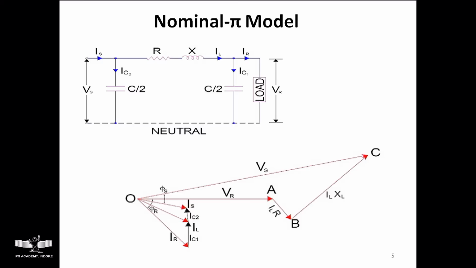We draw VR, and IR is the receiving end current.